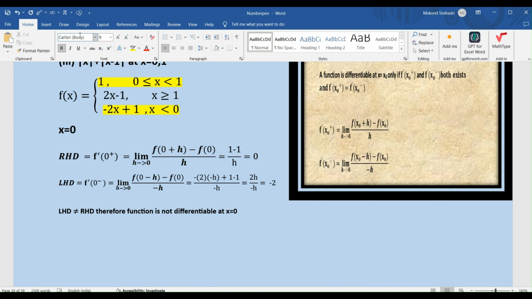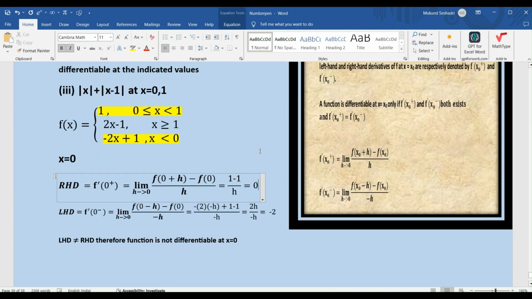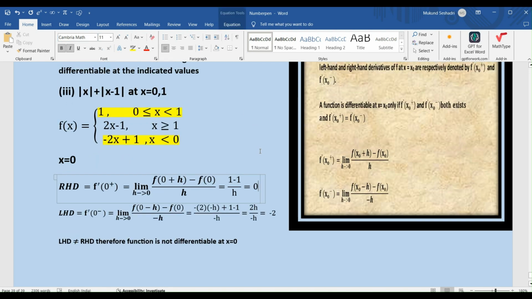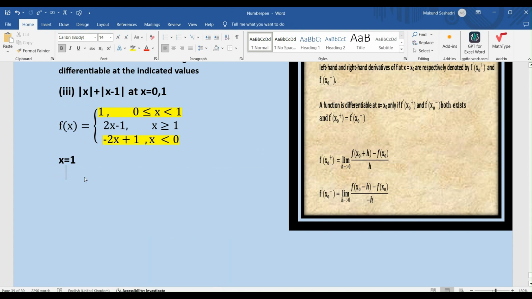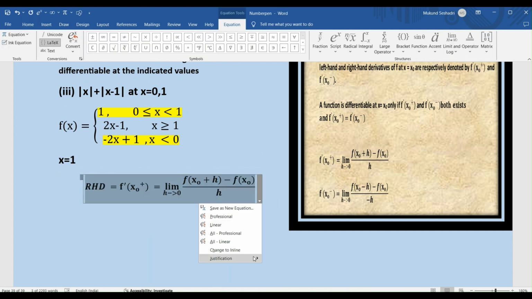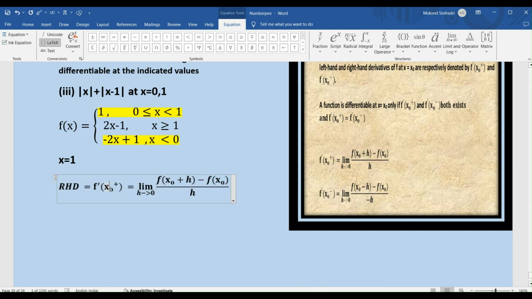Now, we've been asked to examine the differentiability at 1 as well, right? So let's move to x equals 1. At x equals 1, this is what I have. My RHD is f dashed of x naught plus equals limit h tending to 0 f of x naught plus h minus f of x naught divided by h.